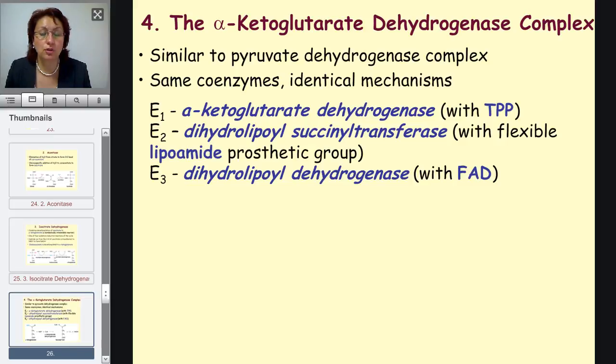The fourth reaction of the Krebs cycle is the alpha-ketoglutarate dehydrogenase reaction. This reaction is catalyzed by the alpha-ketoglutarate dehydrogenase complex, which is similar to the pyruvate dehydrogenase complex.